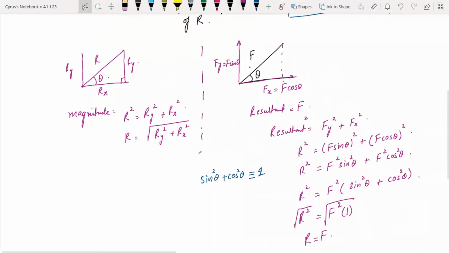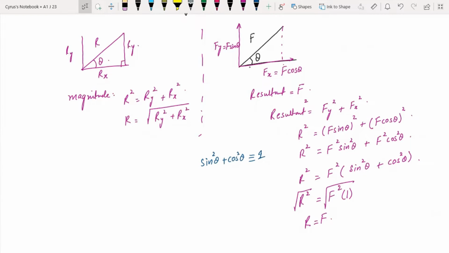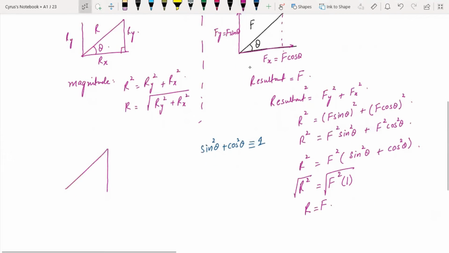Next, if you have a right angle triangle like this with a vector, and you want to find the direction, say the angle is theta, with components ry and rx, you want to find the direction of this vector in terms of theta. Theta will give you the direction.